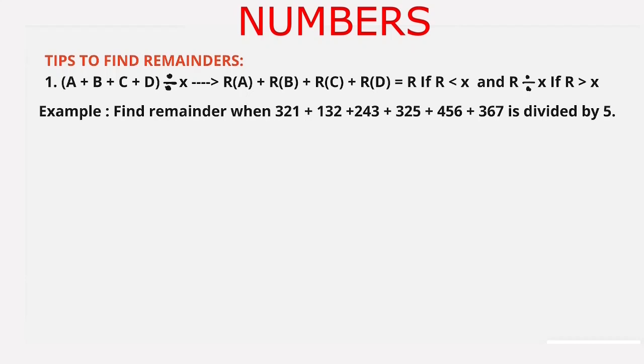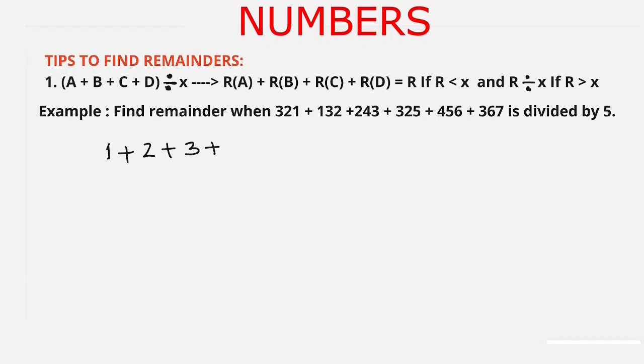We do not have to add the entire numbers, we have just to divide the individual numbers and find the remainders. If we divide 321 by 5, the ones place is 1, so we get the remainder 1. Plus when 132 is divided by 5, we get the remainder 2 as the ones place is 2. Plus 243 when divided by 5, we get the remainder 3 as the ones place is 3.